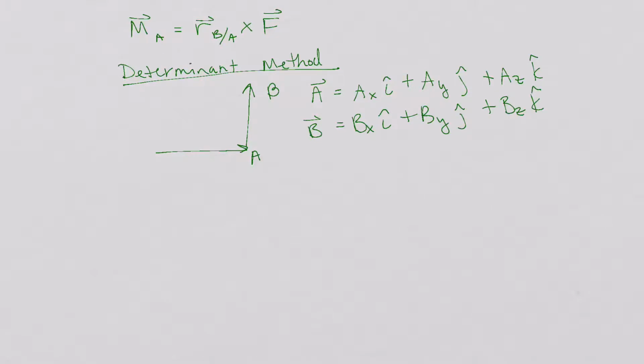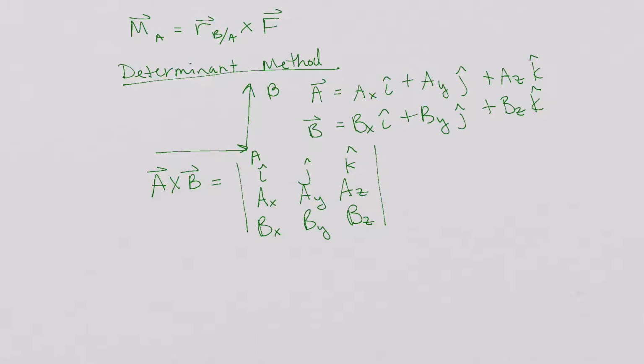If we want to take the cross product of those two, A cross B, then we can use the determinant method. With that, we have i, j, k along the first row, then AX, AY, AZ, and then BX, BY, and BZ.